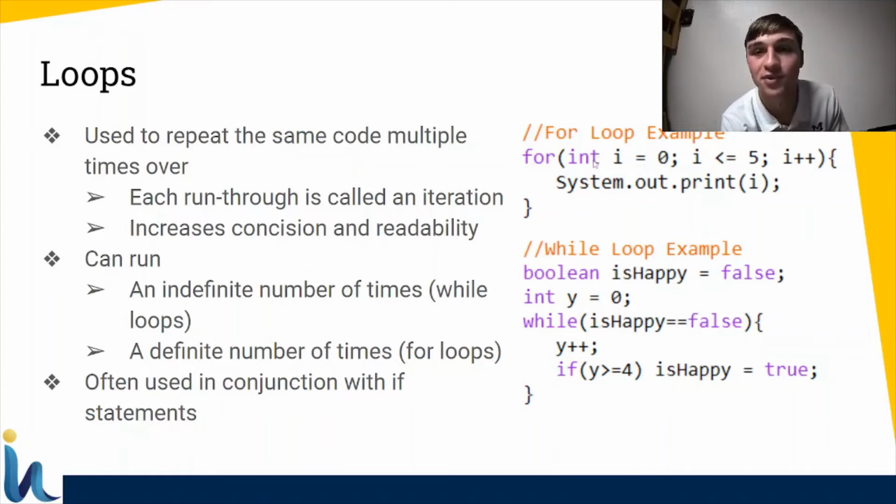So in a for loop, and I'll cover this in more detail when we go into Python, basically you have an integer i initialized here as 0, and the second statement is saying as long as i is less than or equal to 5, you're going to execute this block of code, and then at the end you're going to increment it.